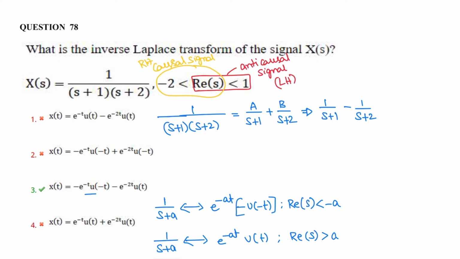These are the formulas. For 1 by s plus a, the inverse Laplace transform is minus e power minus at u of minus t, when the real part of s is less than a. If the region of convergence is real part of s greater than a, then the inverse Laplace transform is e power minus at u of t.